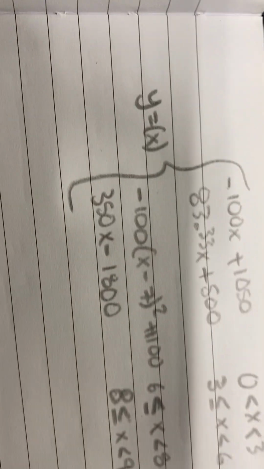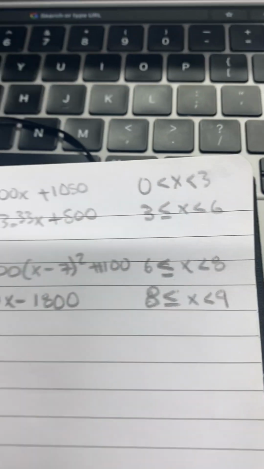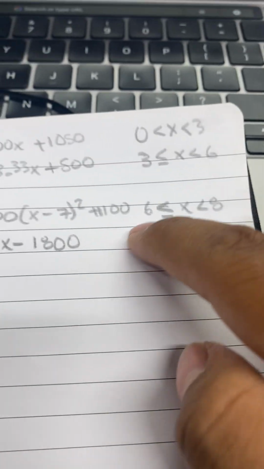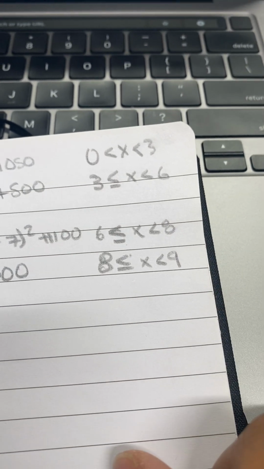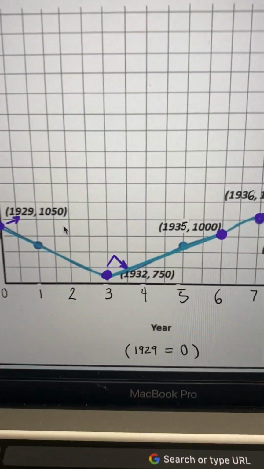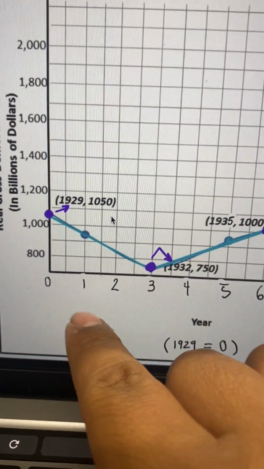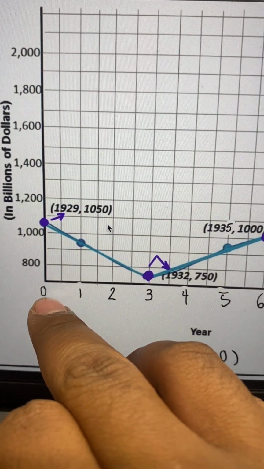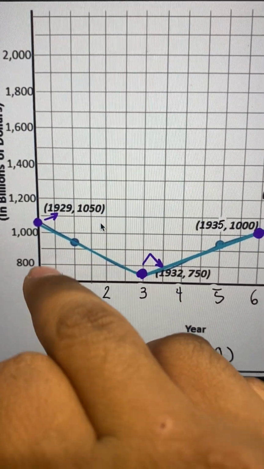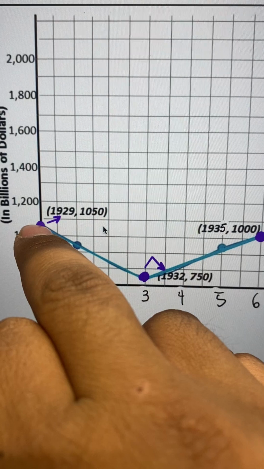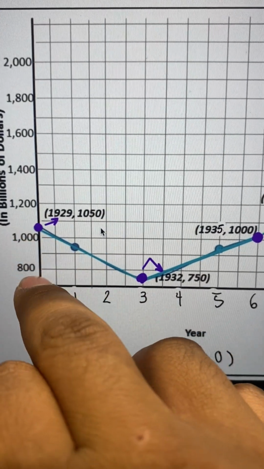And one thing that I also have to explain is how I got these values, or the domains. As I mentioned earlier, we are going to use the years starting from 0, which is the day that we started graphing.